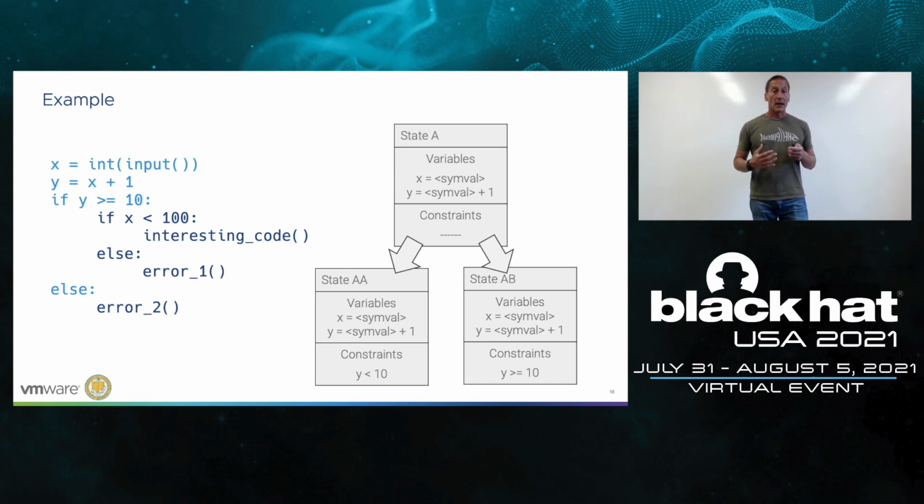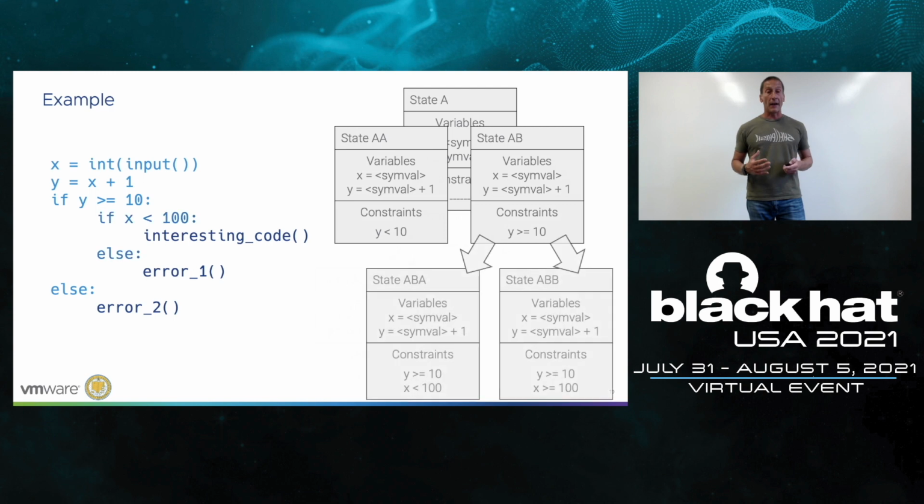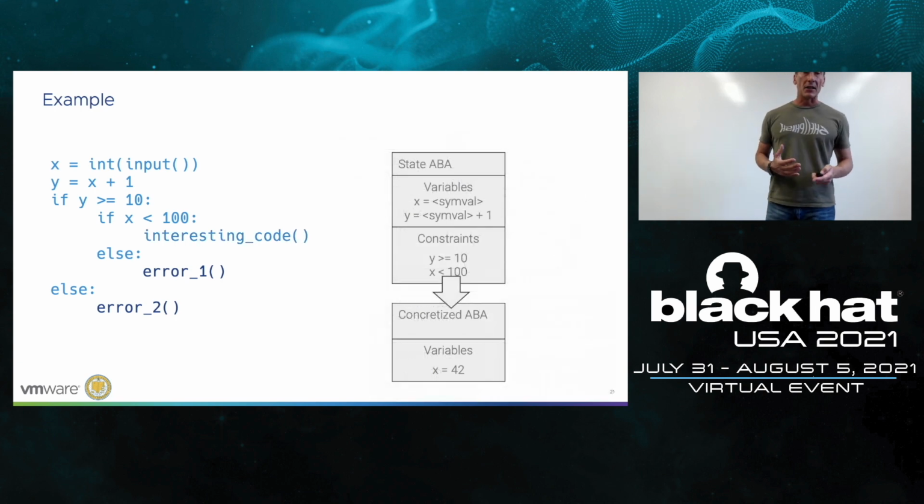And you go on. Then, for example, you can have another if-then-else, in this case based on x, a symbolic variable, and therefore the relevant state is split again to track all possible outcomes.